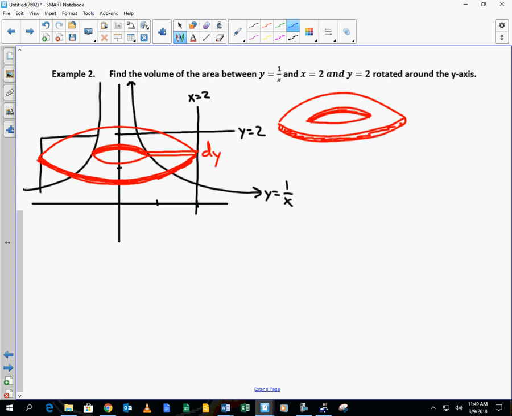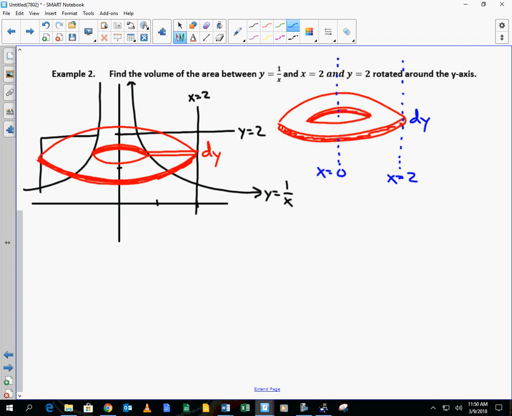I'm going to look at the middle of the washer. What generates the axis of rotation? X equals 0, thank you. I have a thickness of dy. I'm going to focus on the outside of the washer. What generates the outside of the washer? X equals 2.